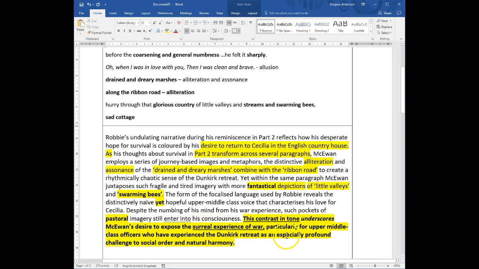And we're going to extend it somewhat by making reference to the upper middle class soldiers who would have experienced a Dunkirk retreat as a profound challenge to perceived social order and natural harmony. And again, by saying perceived social order and natural harmony, we're going to have a much more precise approach to sweaty. So that would be my bubble.